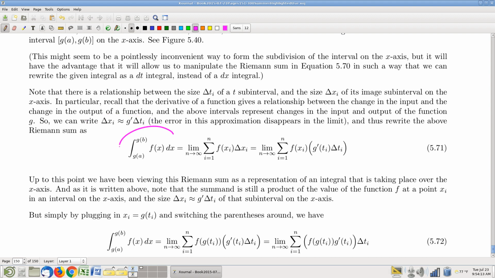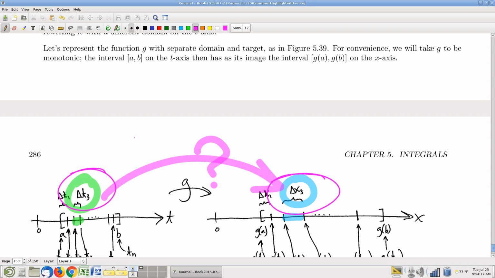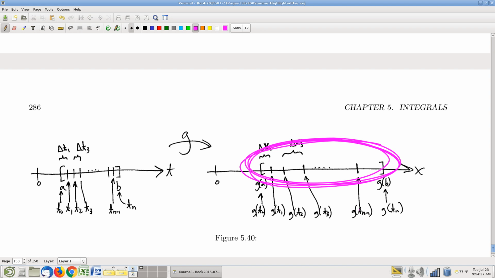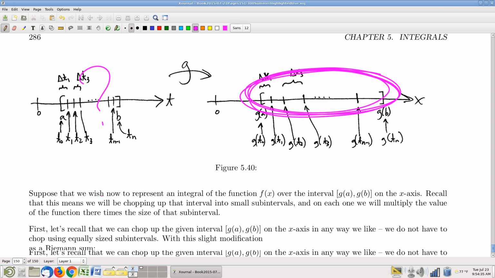If I have an integral on the x-axis, starting with it, and let me come back up here for a second. If I have an integral on the x-axis, starting here, if I want to rewrite everything in the x integral as an integral on the t-axis, we have all the tools that we need.